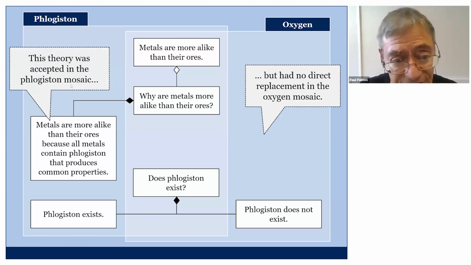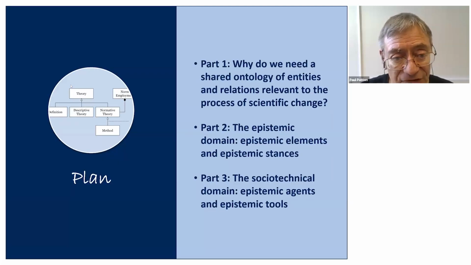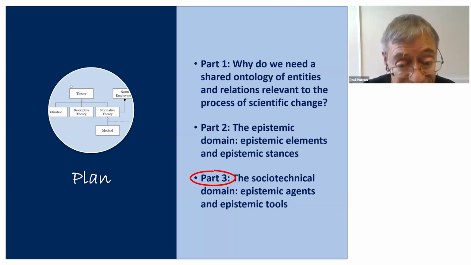So this theory has no direct replacement in the oxygen mosaic because of this incompatibility, which is diagrammed here. This shows how we can use the ontology as a basis for a diagrammatic language. Now let's look at part three, which is the second part of our ontology, the sociotechnical domain, which is the domain of epistemic tools and epistemic agents.